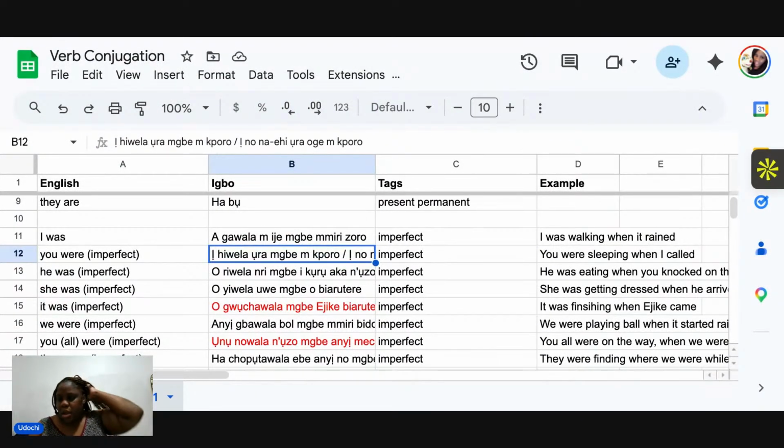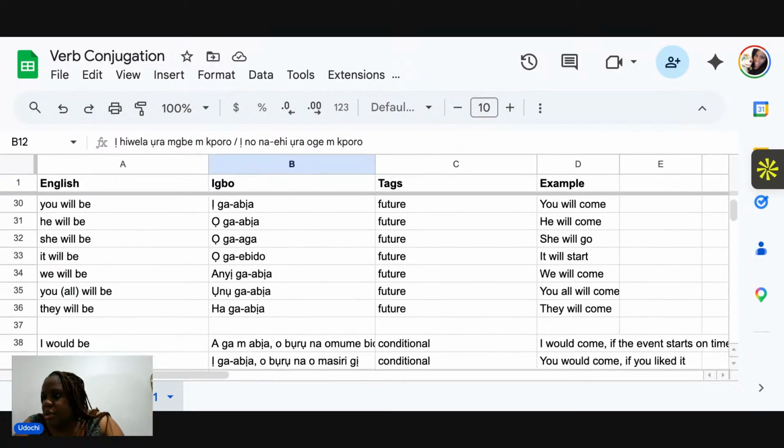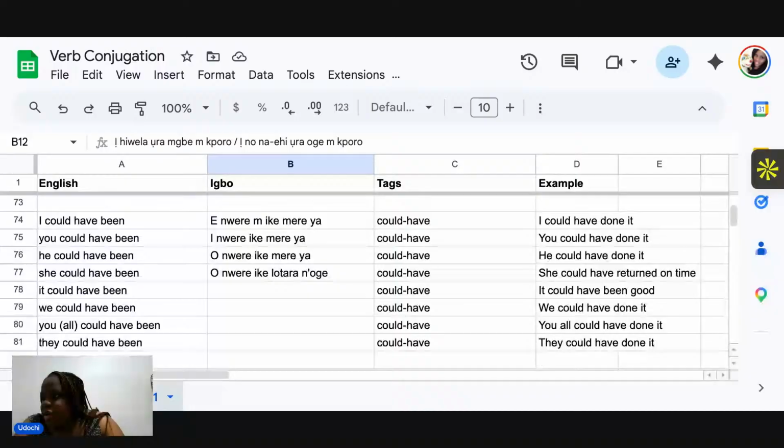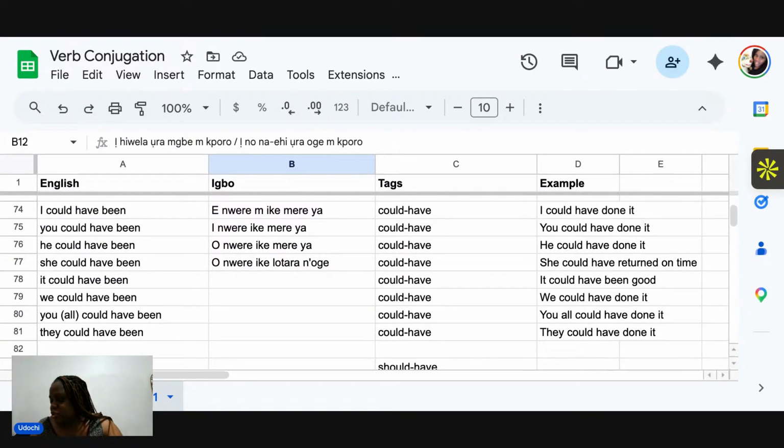Okay, I'm back. Let me find, okay, so we are at... where were we? We are at "could have," and I am not sure. When you last saw me, we were at "could have," and I wasn't sure if I was conjugating these correctly.